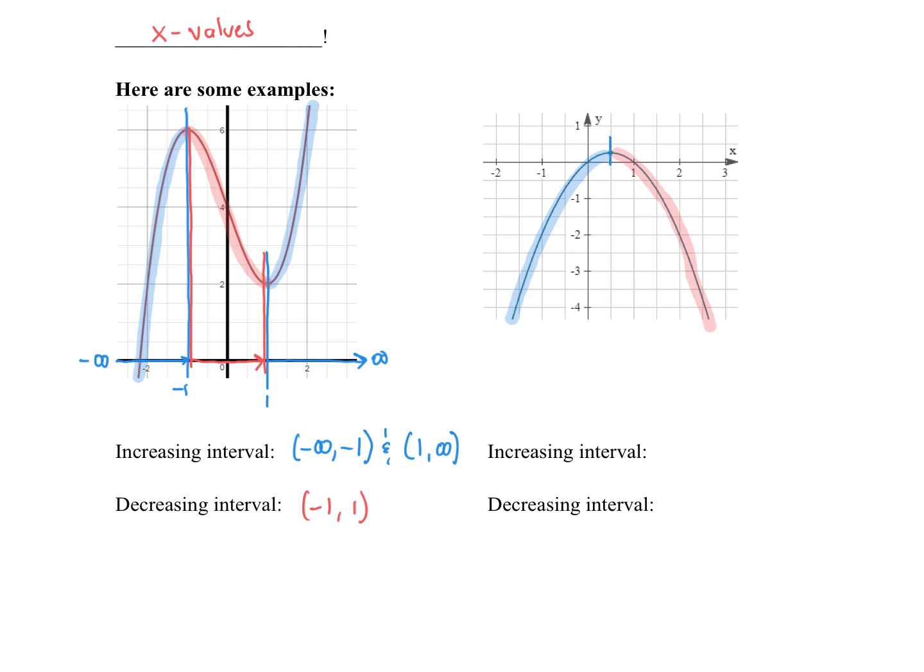It's right here in the middle, at 0.5, and it increases up to that point, and then it decreases after that point. So this starts at negative infinity, and this goes off to positive infinity. So my increasing interval would be negative infinity to 0.5, and my decreasing interval would be 0.5 to infinity.